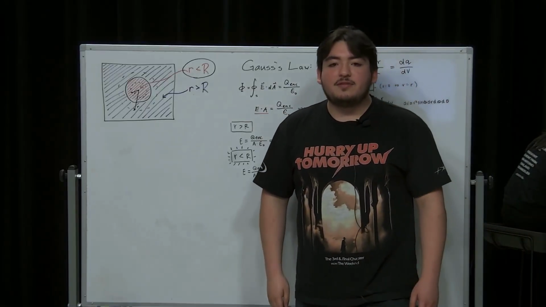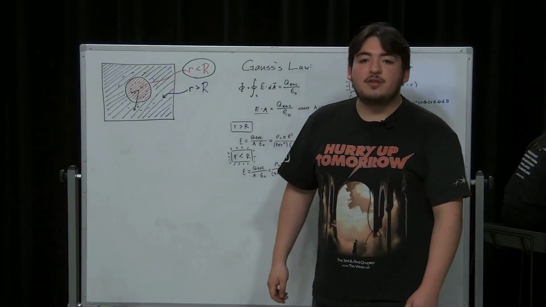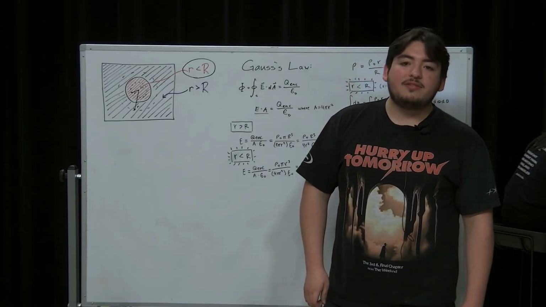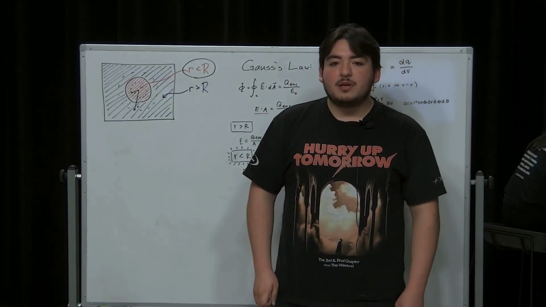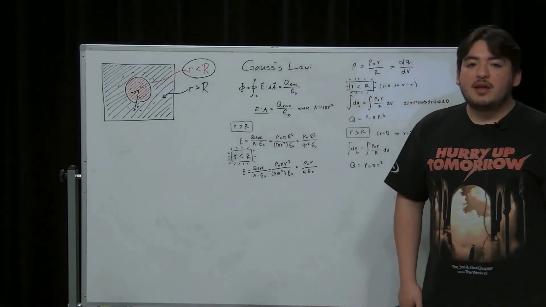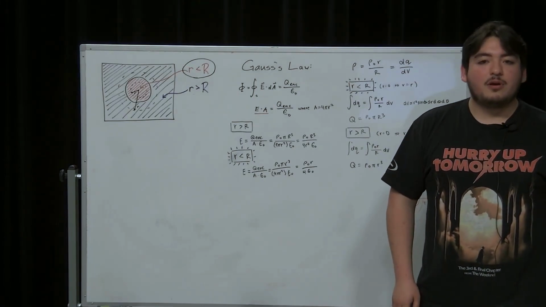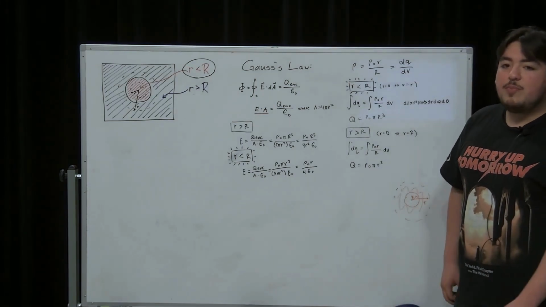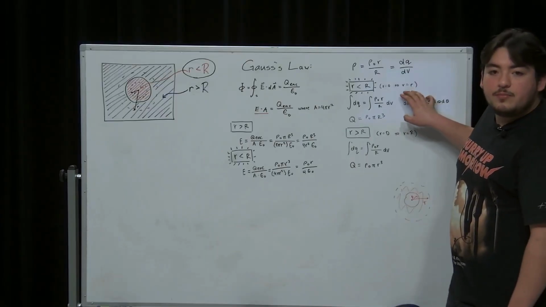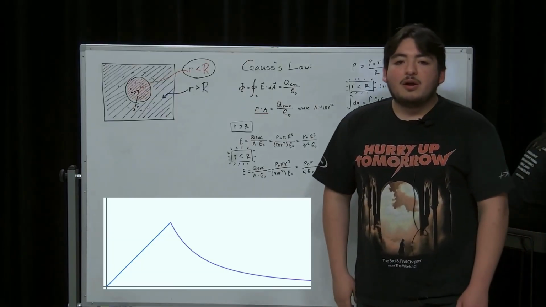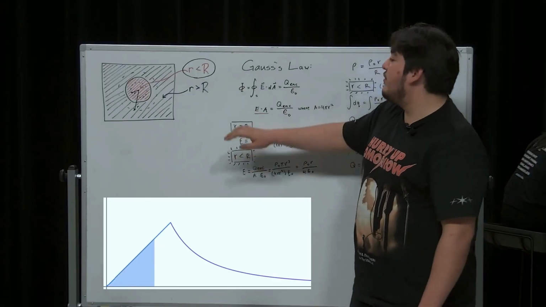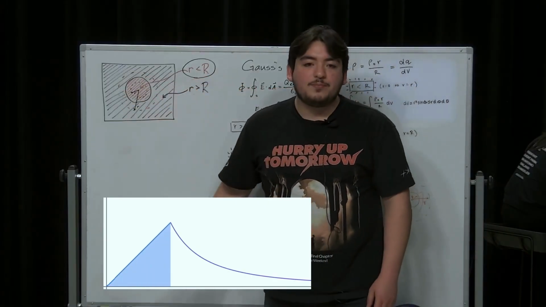The key difference is that this time our surface does not enclose the entire ball, so the enclosed charge will be less than the total charge of the ball. How do we get around this? We compute the integral of the same charge density function as before, only this time we choose our bounds of integration to be 0 to little r. In other words, we only integrate over the volume of the Gaussian surface, not the volume of the entire ball.